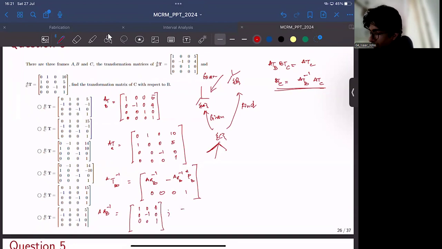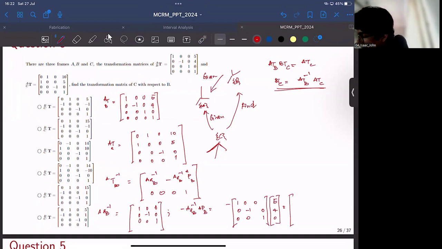So then what is my ARB inverse APB? This would be minus 1, 0, 0, 0, minus 1, 0, 0, 0, 1. You multiply this with the position vector of ATB, that is 5, 4, 0. So what would be your answer?